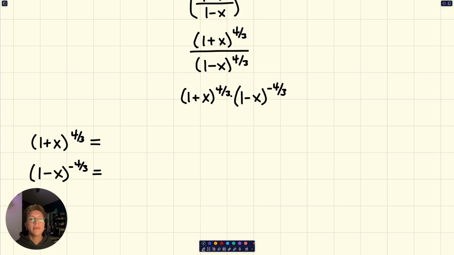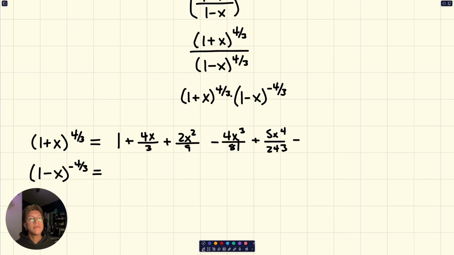Let's see if they can help us do that. Oh, here we go. So this has a representation that is 1 plus 4x over 3 plus 2x squared over 9 and 4x cubed over 81. And maybe we'll do one more term, 5x to the 4th over 243. And that continues on again. It's an infinite series.